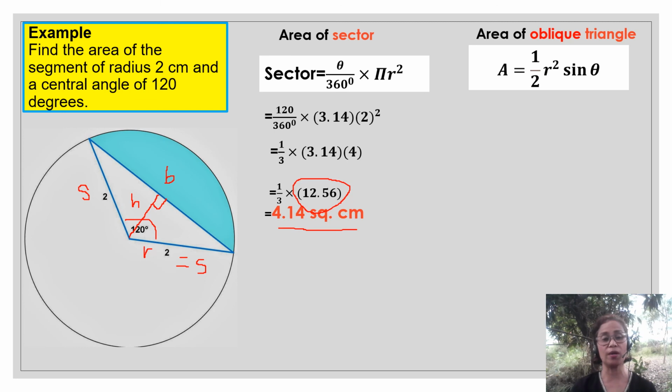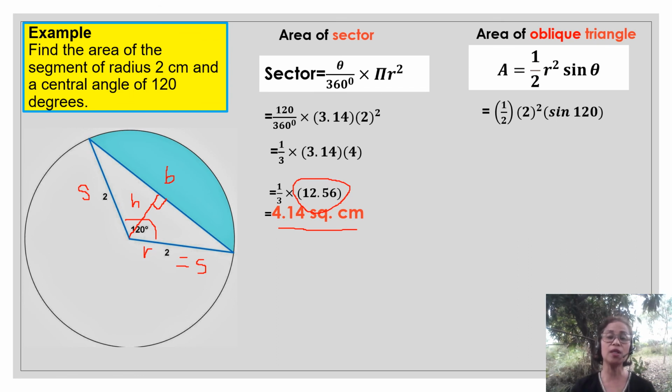That r squared is actually a times b. But since our a is r, and our b is also r, it means r times r, so simply we can say that it is r squared. Now, applying this formula, we get A equals 1/2, r is 2 squared, then sine 120 degrees.